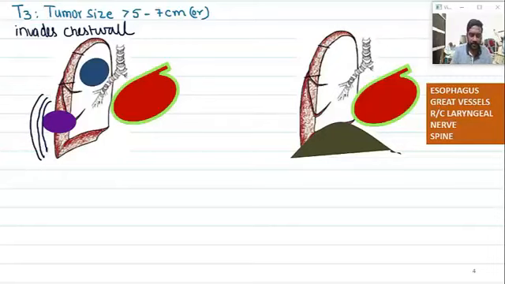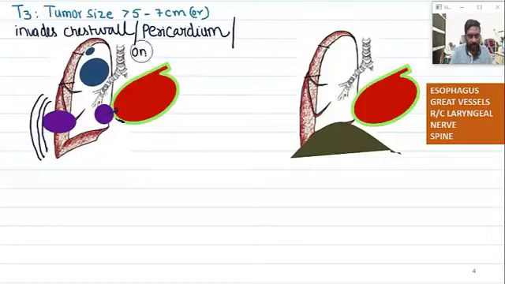Or the tumor can proceed into the pericardium. This is the heart, and this greenish layer is the pericardium. So it invades the chest wall or pericardium, or within the same lobe, one or more satellite nodules.